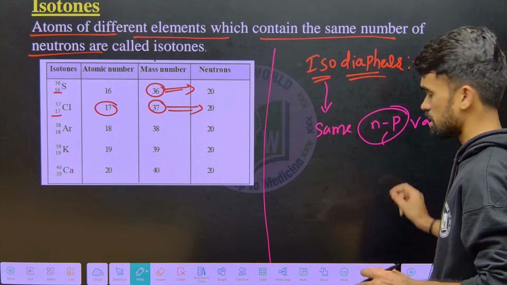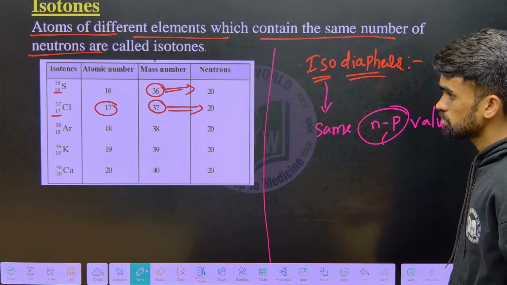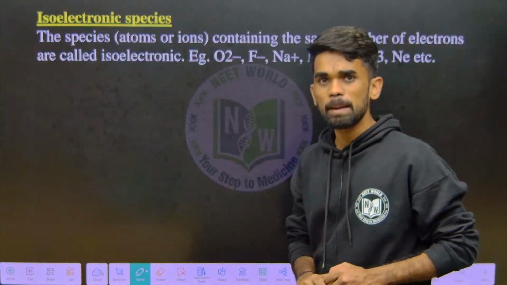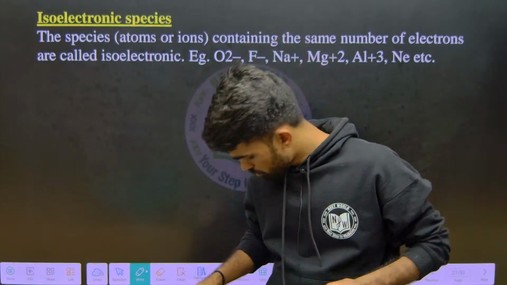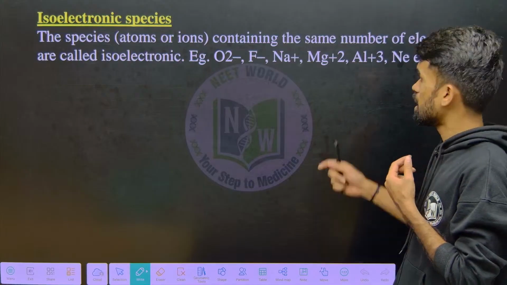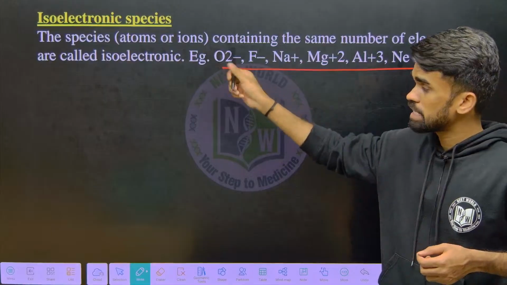Just write it as a definition. Then next, what about isoelectronic species? The species containing the same number of electrons, for example, here. Now isoelectronic species is covered.